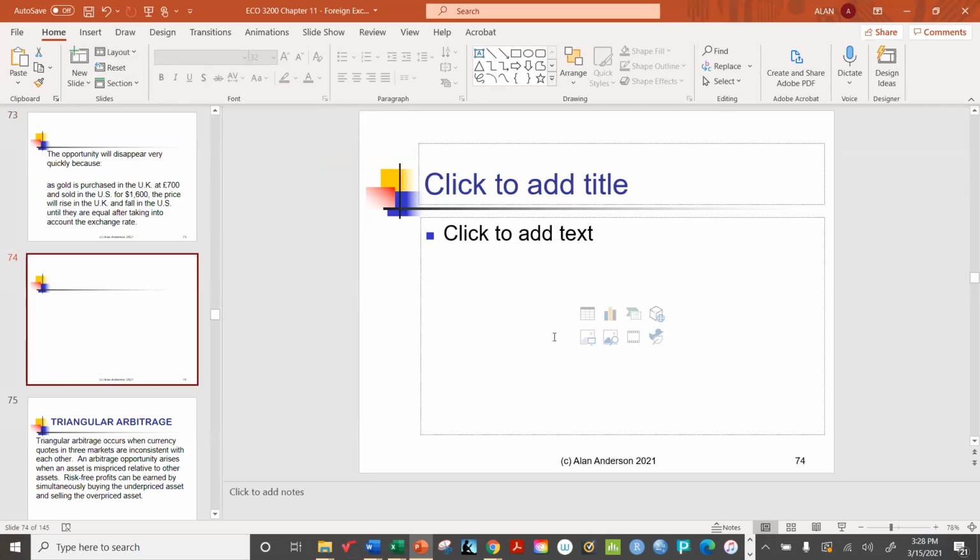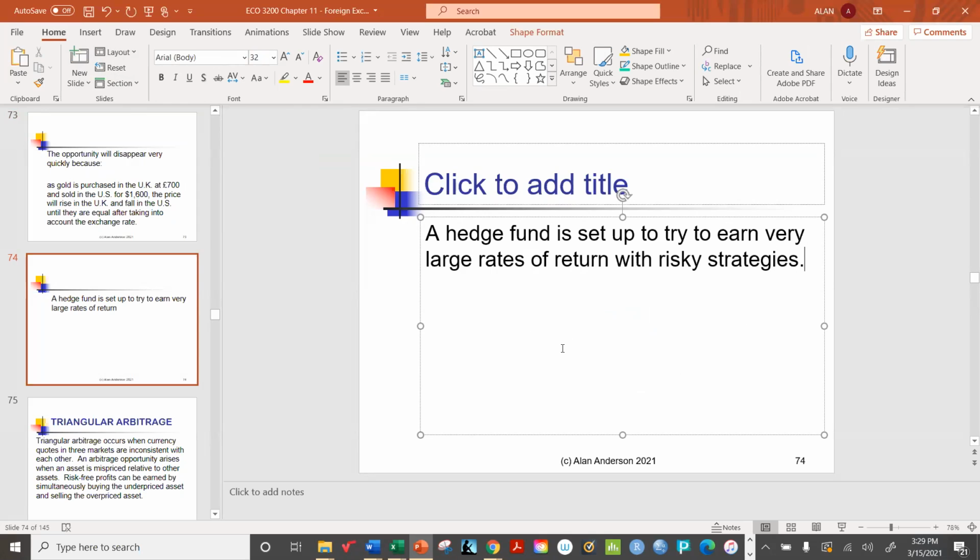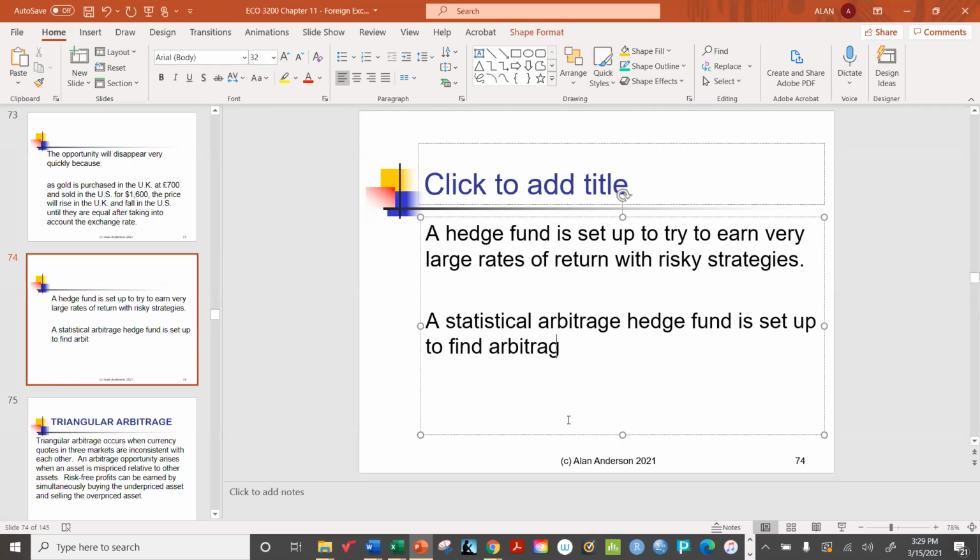A hedge fund, we may have heard of them, is set up to try to earn very large rates of return with risky strategies. Now, there's a particular type of hedge fund, a statistical arbitrage fund, is set up to find arbitrage opportunities.